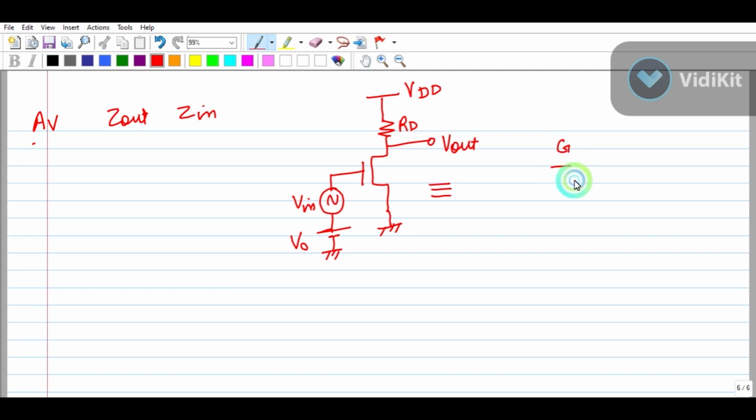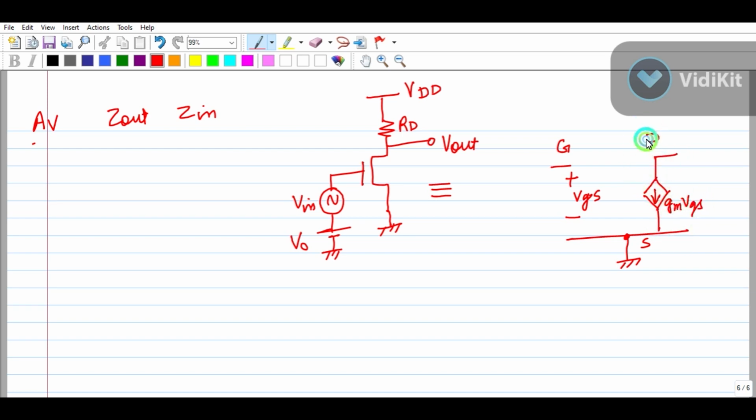There is a gate, there is plus minus VGS, then there is the source. You can see the source is ground, okay, and then there is a drain. In the drain terminal, it is like this: gm VGS, right?